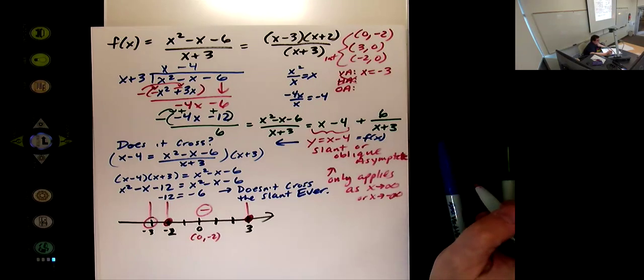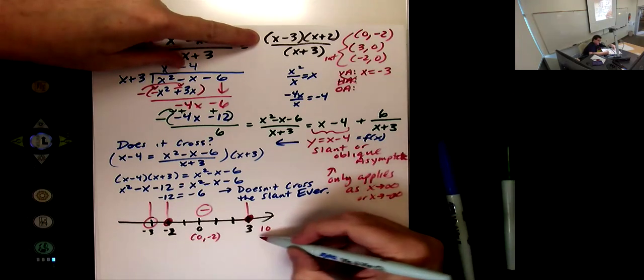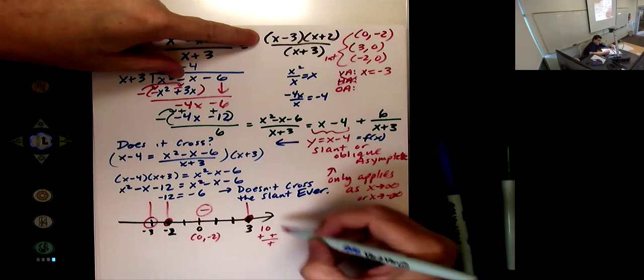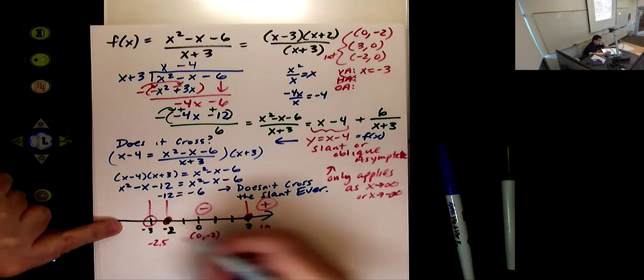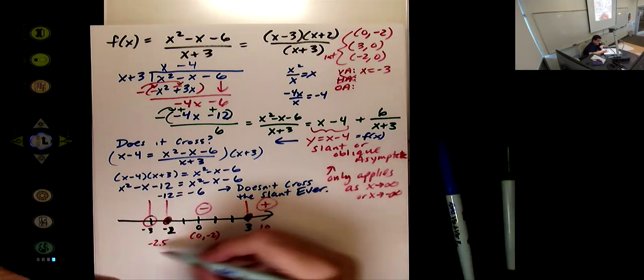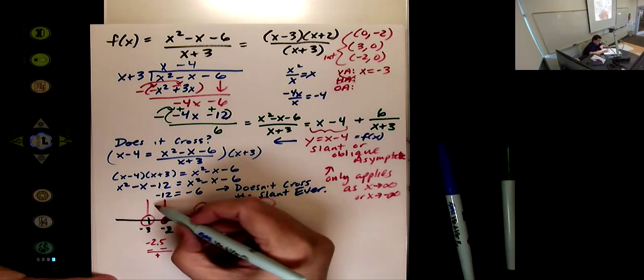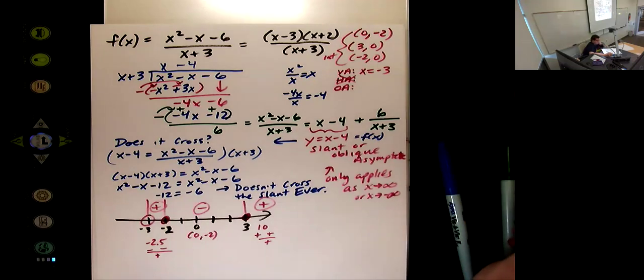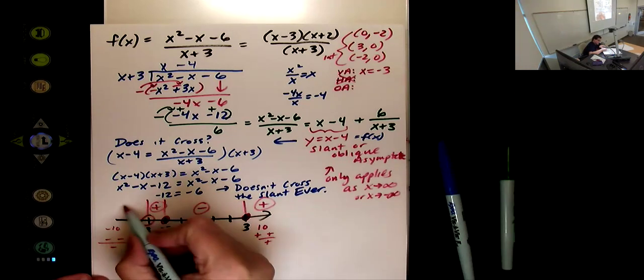We already found the y-intercept. So if I plug in like 10, this is positive, positive, positive, that's a positive region. If I try -2.5, I have a negative on top, another negative on top, positive on bottom, this is a positive region. And if I plug in like -10, these are all negatives. So that's a negative region.